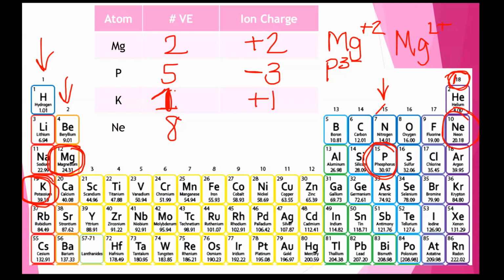So our ion charge is going to be 0, meaning that neon is not going to form an ion. All these elements in group 18 are a super special group of elements called the noble gases. And they're noble because they already are perfect in that they have 8 electrons. They don't need to gain or lose any electrons.